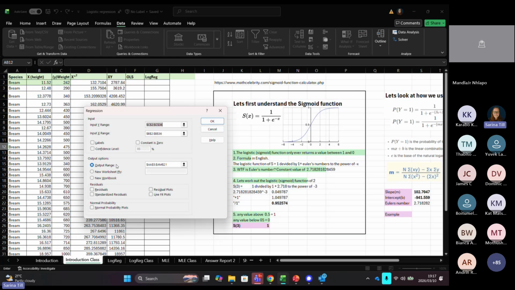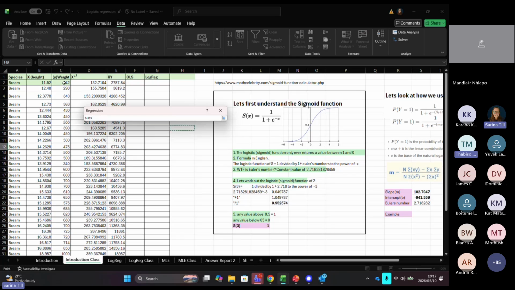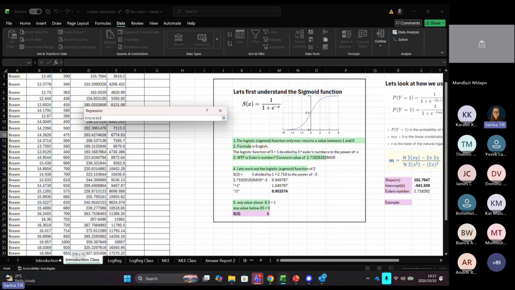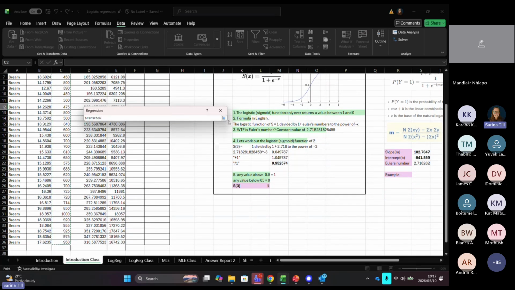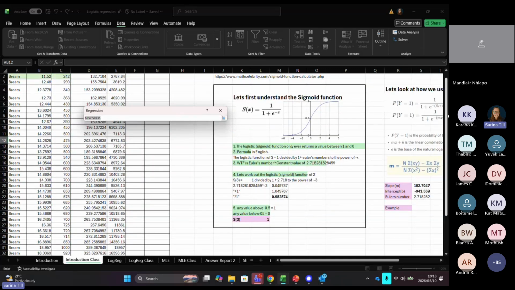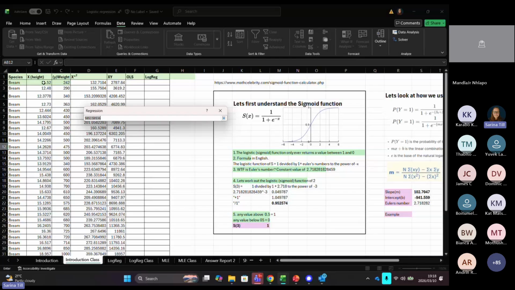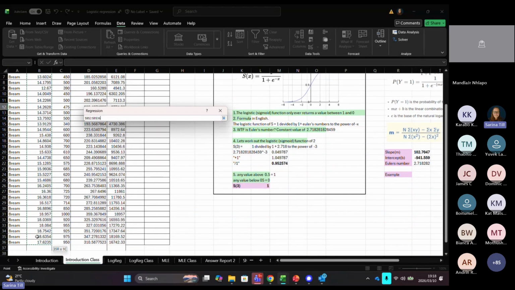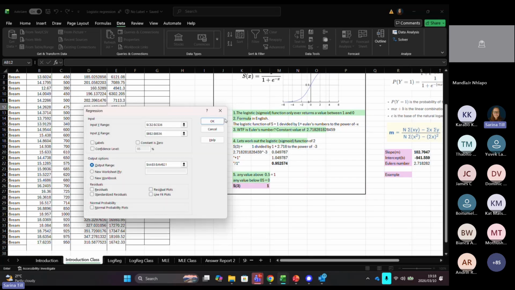So let's get our Y range, and our Y range is weight. You're happy with this? Yes. And then it wants our X range. In this case, we only have one feature. In the other example, we're going to have more than one. So we're going to select only one column there. But if more than one column makes up your X feature, you just select more than one column.